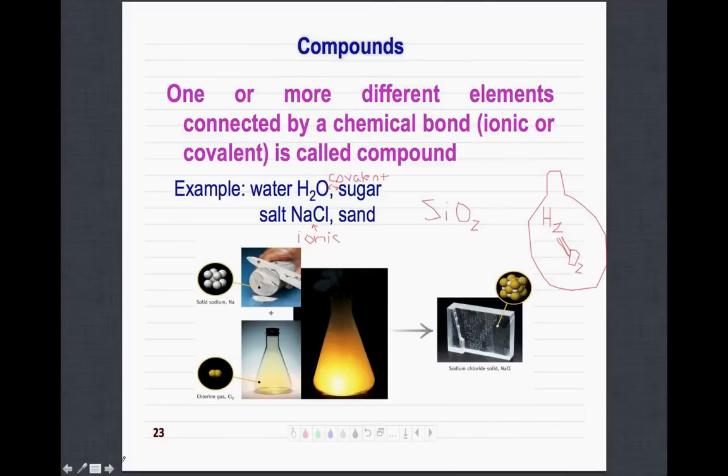So, an example. How do we prepare those compounds? An example of them is NaCl, which is the table salt that we use at home. It is usually made from sodium solid, which is an element, and Cl2 gas.